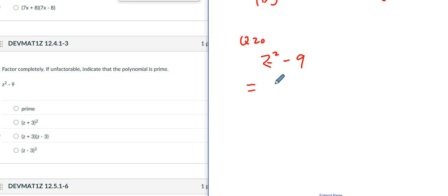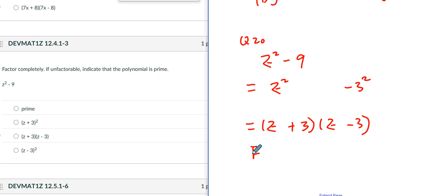And everyone knows z squared. 9 is what? 3 squared. So in this case, you put z plus 3, z minus 3. It is going to work.